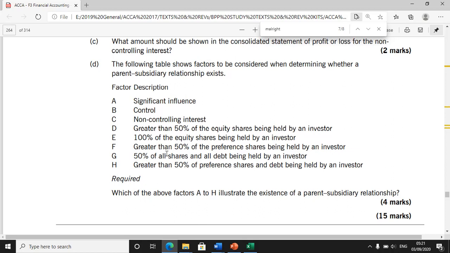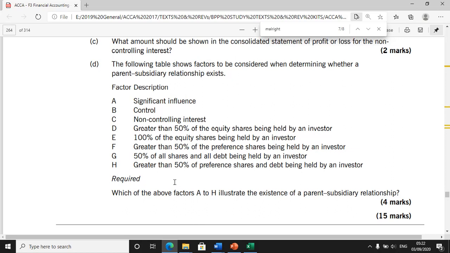Then greater than 50% of the preference shares, this one is not considered. Then 50% of all shares and all debt being held by an investor. Now we don't know whether these shares are voting shares or non-voting shares, but say all shares, perhaps we can conclude that the voting shares are included as well.